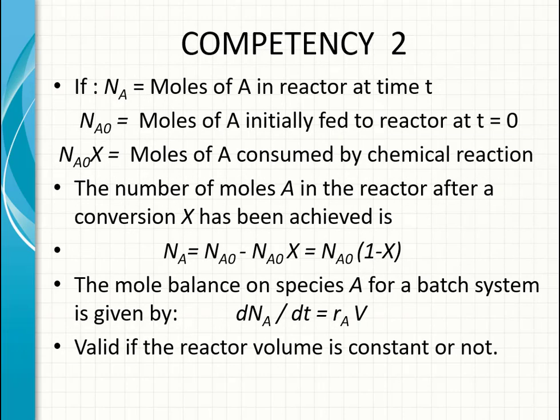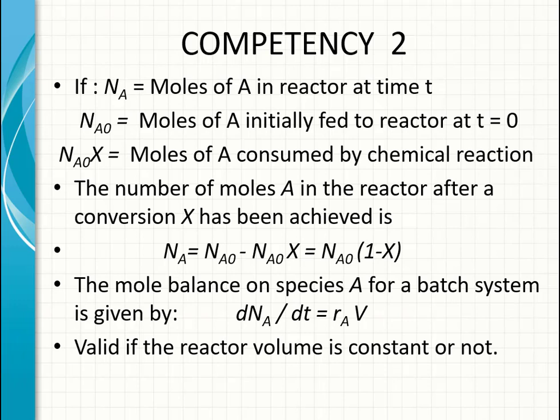Then, if Na is equal to moles of A in the reactor at time t, and Na0 is equal to the moles of A initially fed to the reactor at time t equals 0, Na0 times X will be the moles of A consumed by chemical reaction.